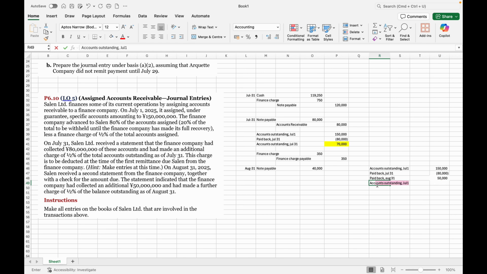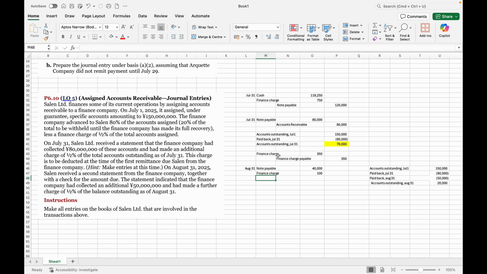And we can say that our account outstanding as of August 31st is 20,000. And according to the problem, we have made a finance charge which will equal accounts outstanding multiplied by 0.5%.